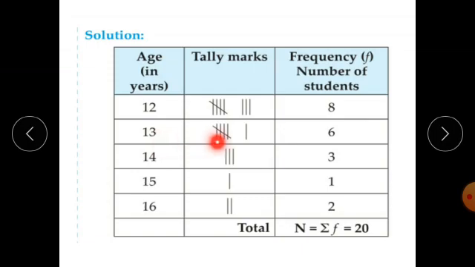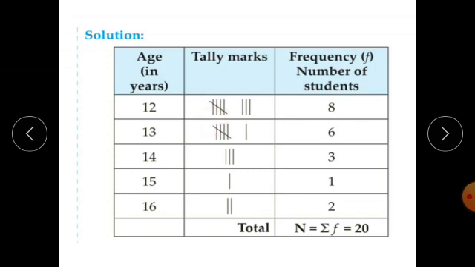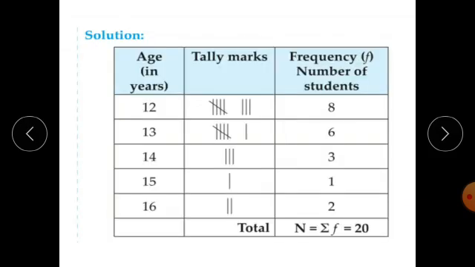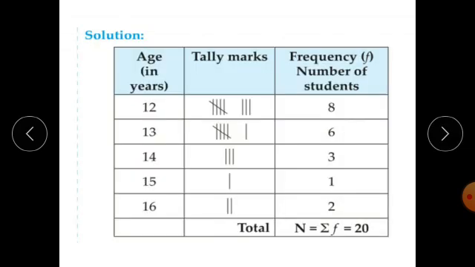For example, if your first score is 13, put a tally mark in front of 13. If your next score is 12, put a tally mark in front of 12. If your score is 16, put a tally mark in front of 16. If your score is 15, put a tally mark in front of 15, etc.